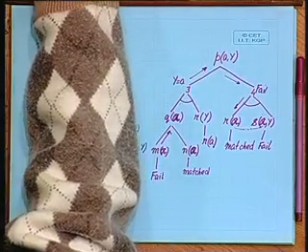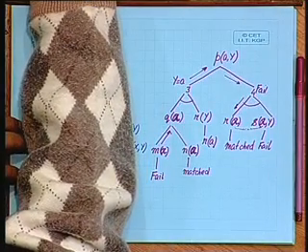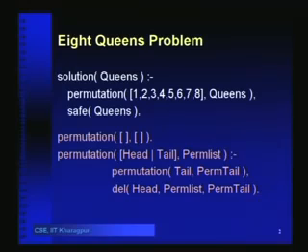So, let me start, before going to that we will start with the 8 queens problem. Let us first see what kind of solution we can have for the 8 queens problem, and then we will go into the control flow, as I was saying.